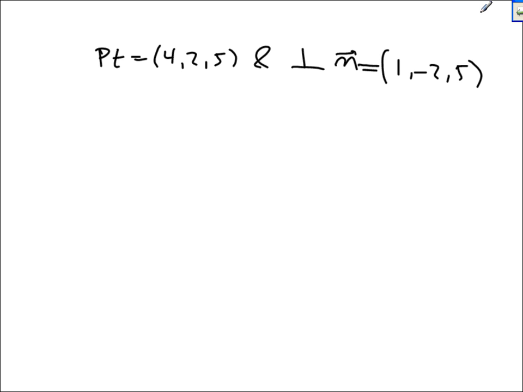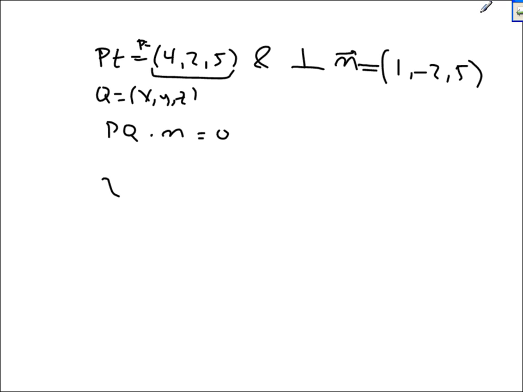Now you can reinvent the wheel and pick an arbitrary point, call this P. And define Q to be X, Y, Z, and then find the vector from P to Q. And then dot that with N and set it equal to 0, because that is the formula.